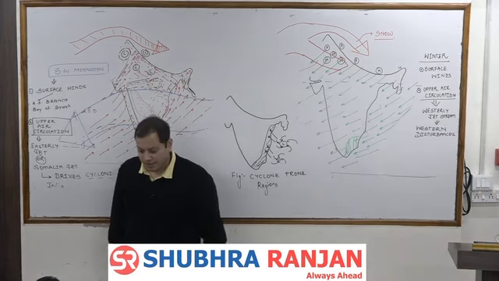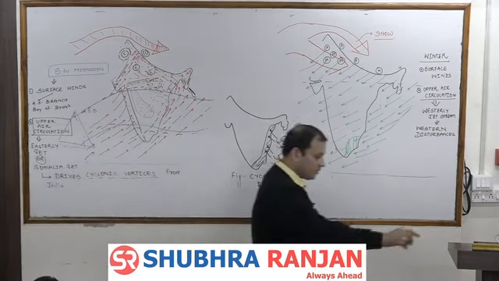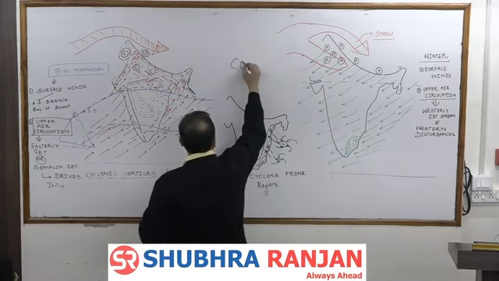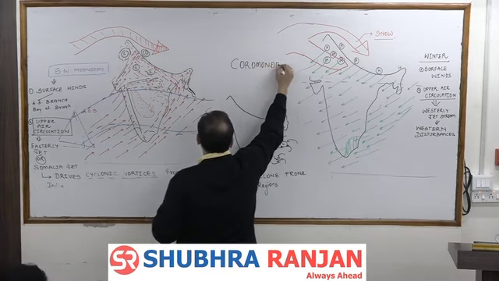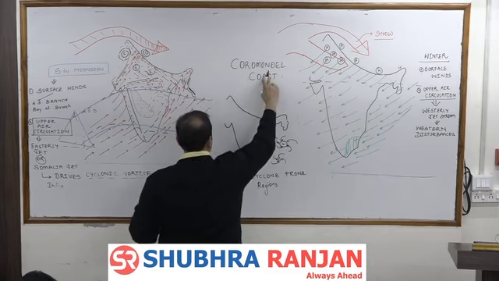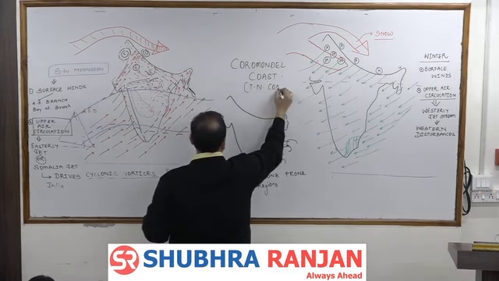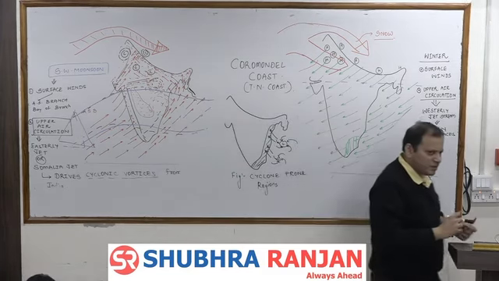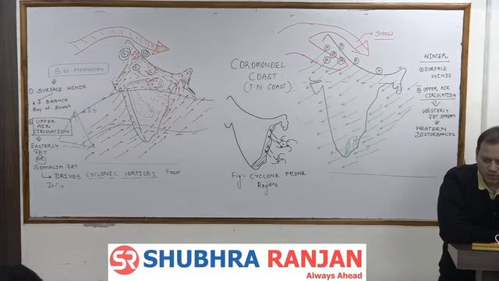Keyword is heavy rainfall in the Coromandel coast, मतलब Tamil Nadu coast. Tamil Nadu, exactly Tamil Nadu nahi, some parts of Andhra also. Yeah, Coromandel coast.